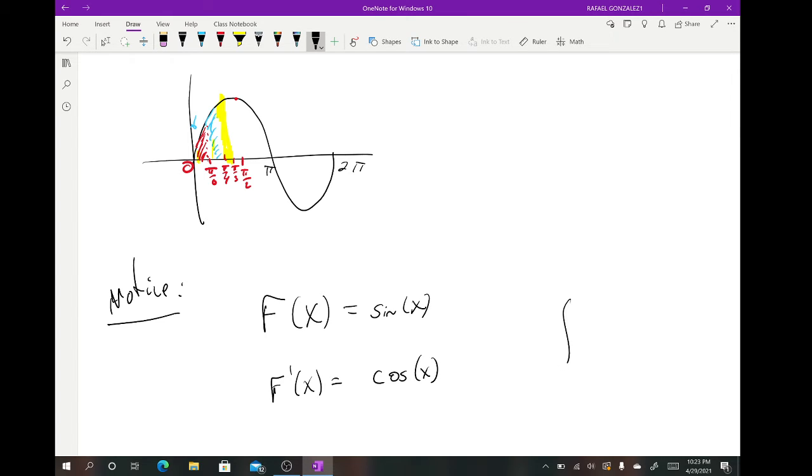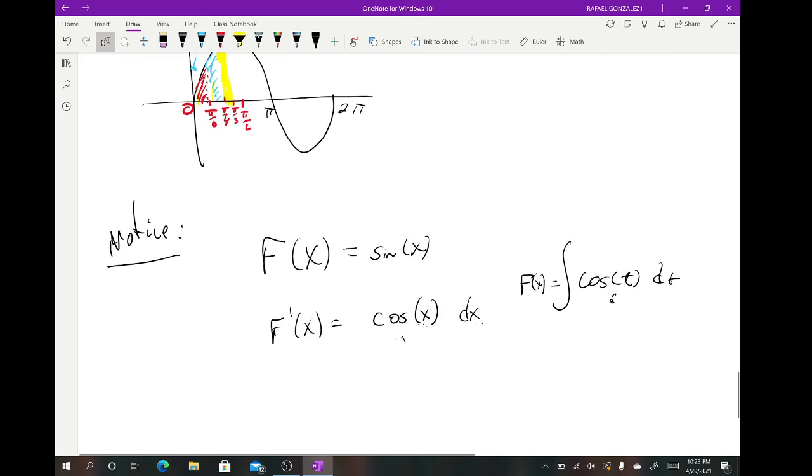But the antiderivative that we were looking for, without the limits of integration, was cosine of t dt. The only difference between this and this is just the variable, the x. So this is what's going to lead us to the second fundamental theorem of calculus.